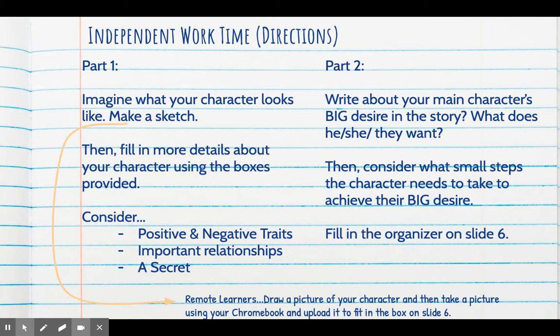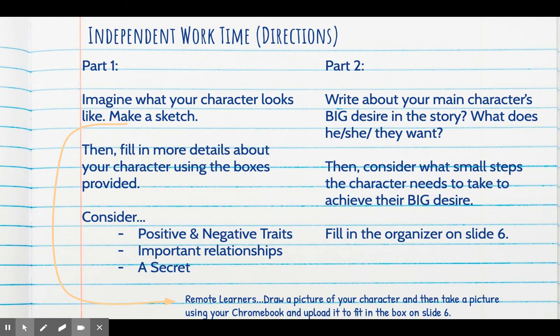Part number two, this is the main purpose and point of this session. So we want you to think about your main character's big desire or motivation or thing that they really care about, the thing that they really want or want to achieve and that they're working towards in your story. So, very specifically for the story that you're creating about this character, what are they trying to achieve?